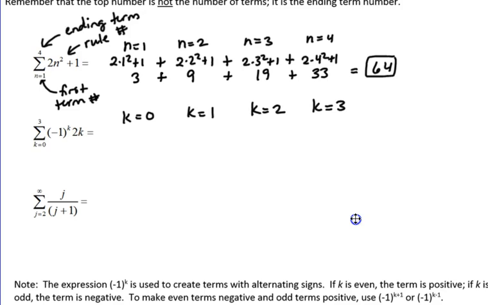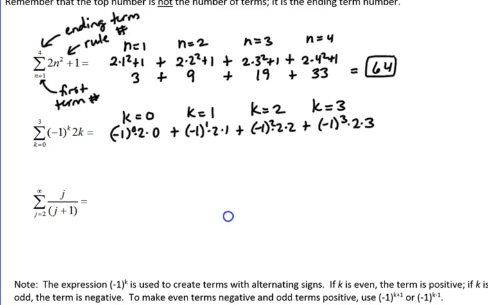And then I'm going to substitute 0 through 3 into here for k. So I have negative 1 to the 0 times 2 times 0, plus negative 1 to the first times 2 times 1, plus negative 1 squared times 2 times 2, plus negative 1 to the third times 2 times 3.